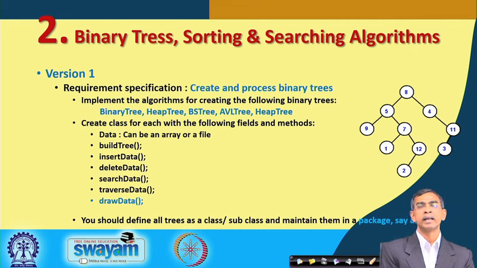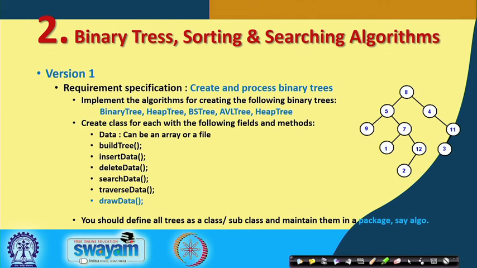As I have mentioned here, one field may be data, which can be stored as an array of integers if you want to build the tree for integer data, or an array of strings for string data. And the methods you have to implement are: build tree, insert data, delete data, search data, traverse data, draw data. Draw data is basically for the visualization and others.